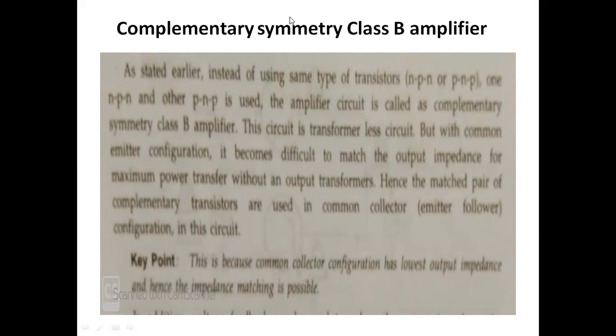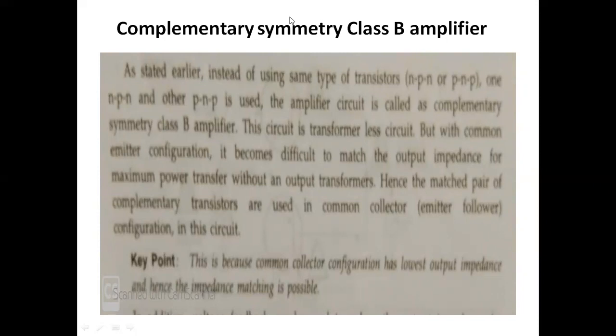But if you are using common emitter configuration, that is not possible, and hence we are using common collector or emitter follower configuration. We know common collector configuration has the lowest output impedance, hence impedance matching is possible. We know the loudspeaker or load impedance is very low. That impedance should be matched with the output impedance of the circuit. If you are using CE configuration, that is not possible.